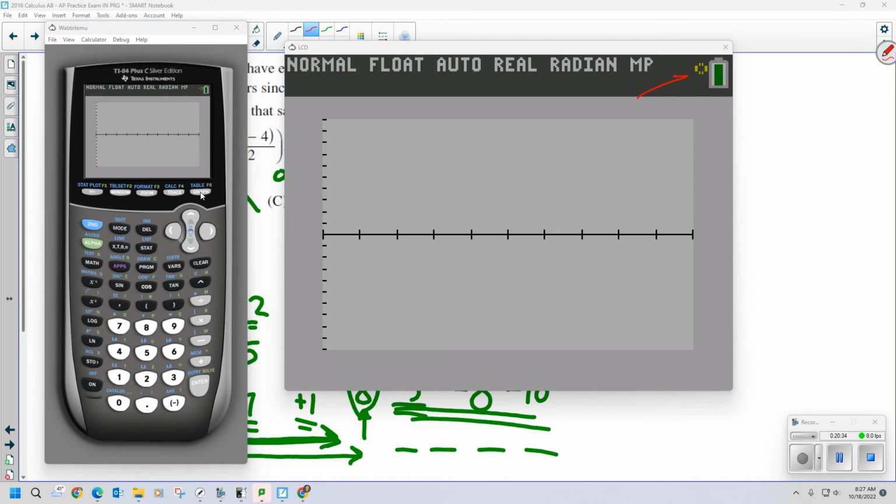Let's see how the thing is spinning right here. I got to keep on waiting. Okay, it's done.